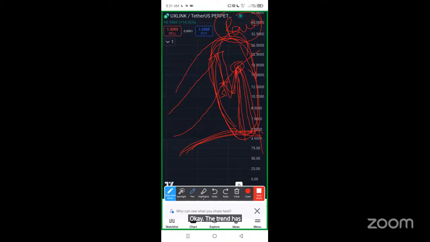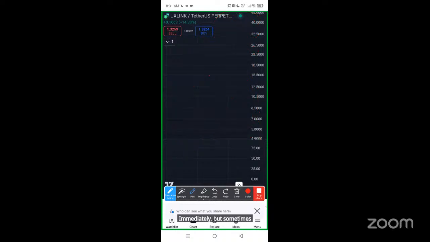Now, sometimes this happens immediately, but sometimes it happens when there is a scenario of this nature. See this? This was an uptrend. Then the middle line was tracking the uptrend. This one was trying to deviate away, but now it is beginning to converge.